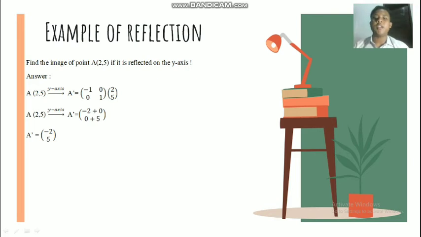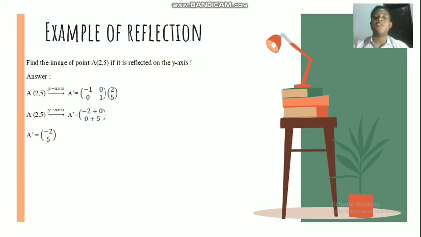Okay, after learning about the definition of reflection, the properties of reflection and the formula of reflection, now I will turn to examples of applying reflection. Okay, we have a problem. Find the image of the point A(2, 5) if it is reflected on the y-axis.